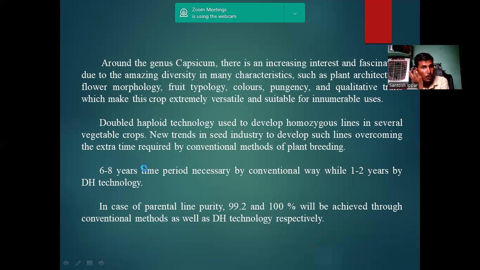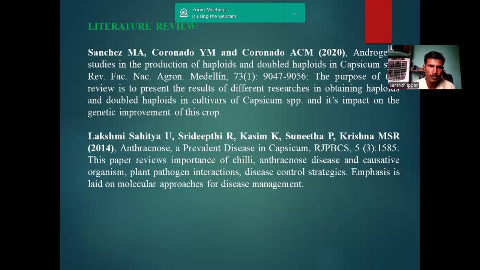Then second is the purity. 1 to 2 years are required for the development of parental lines instead of 6 to 8 years required by conventional breeding. In case of in vitro development of parental lines, we can develop parental lines with 100% purity, which will be 99.2% when we develop parental lines with conventional breeding.